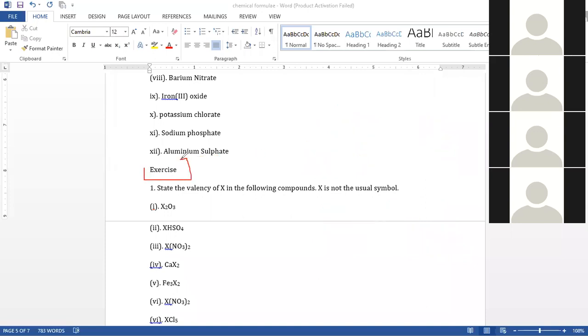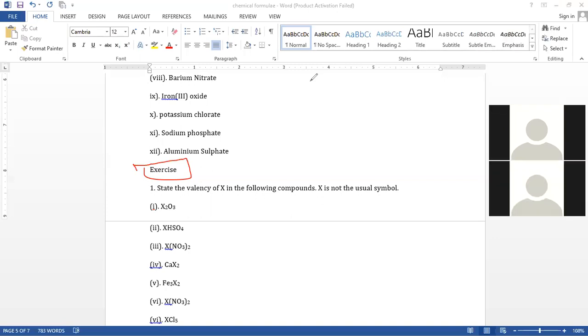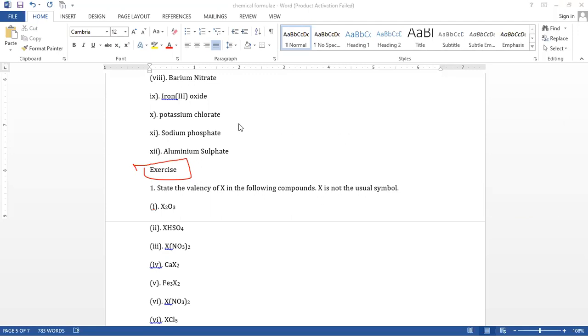Okay, so exercise. So students, let's read through the question. Can I get someone to read for us this question? Someone can help me pick those hands. Teacher Martha or Teacher Silvery.